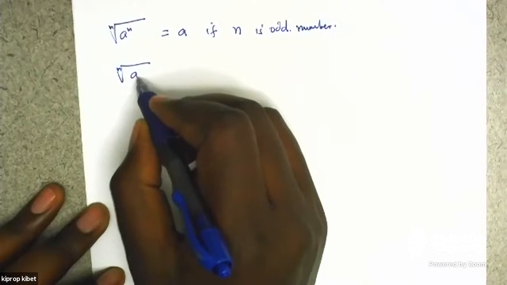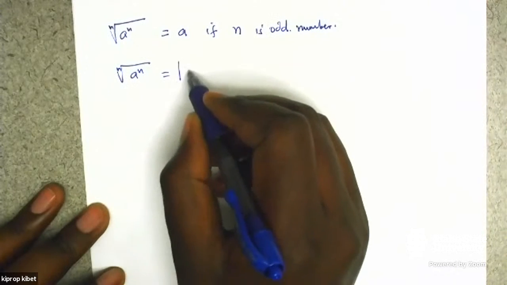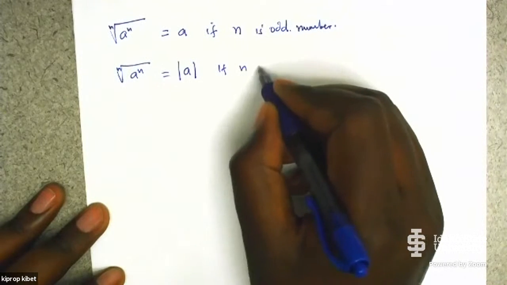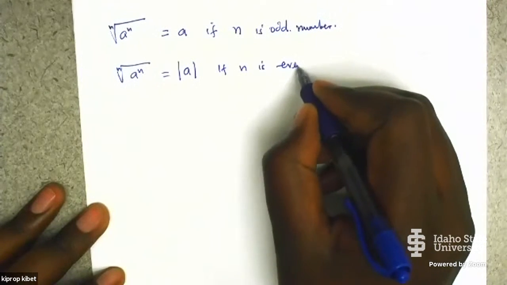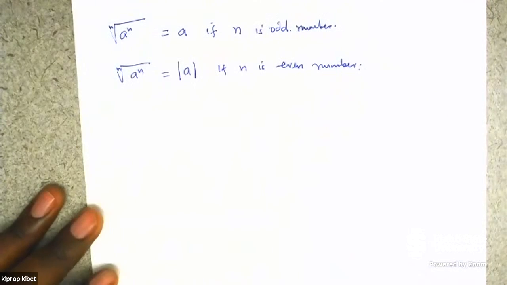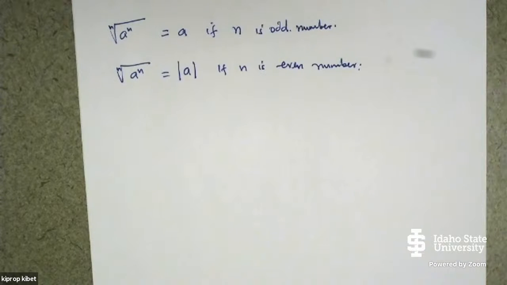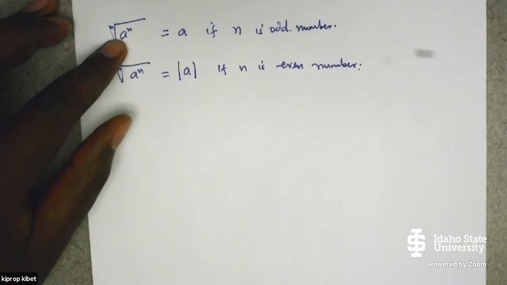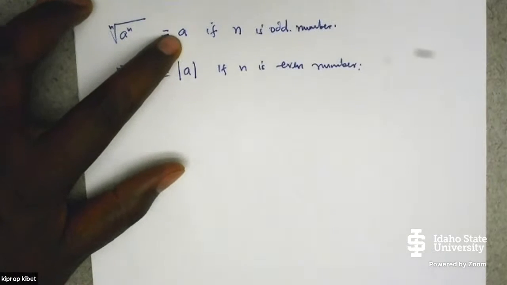The nth root of a raised to n equals the absolute value of a, when n is even. So if there is a negative here, when it is odd, then here you should have odd.